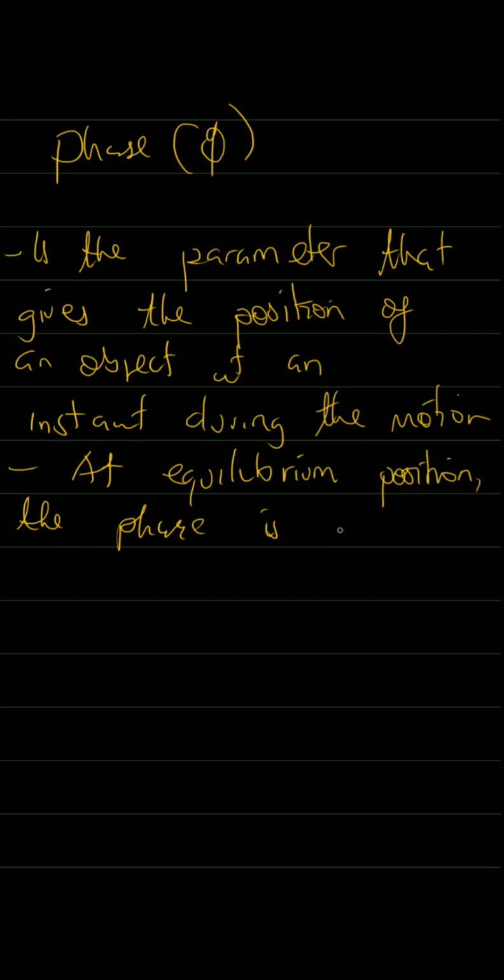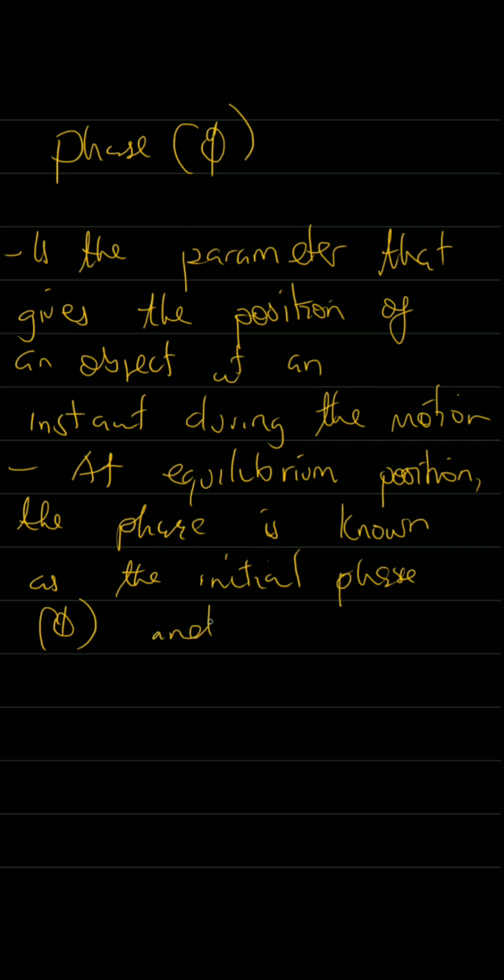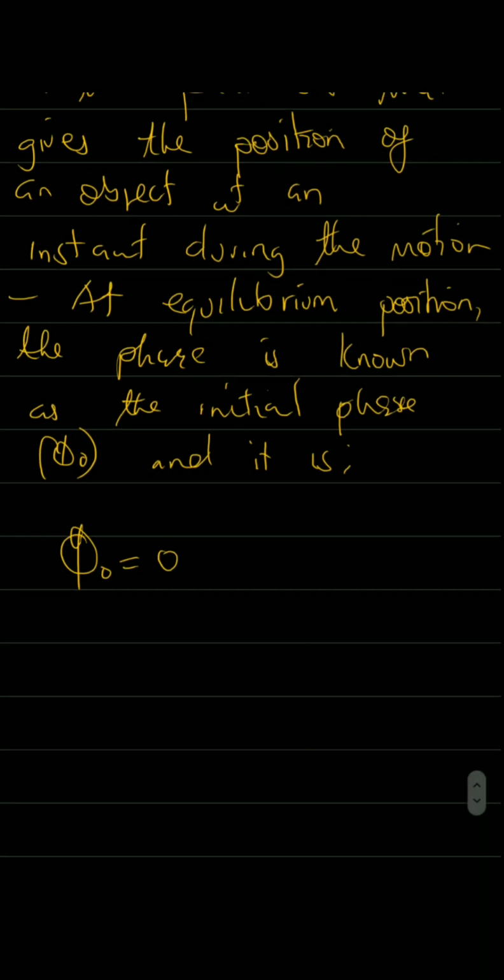It is given using a symbol, phi with subscript 0, which simply represents the initial phase, and this same initial phase in this case is equal to 0.